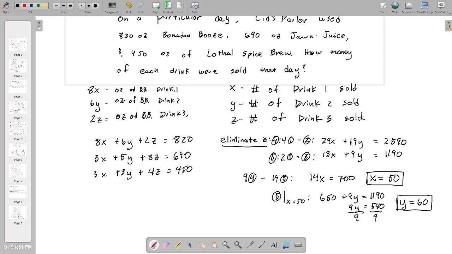And then the last thing we need to do is take our x and our y and plug it into any one of these equations. I think equation 3 will probably be easiest.